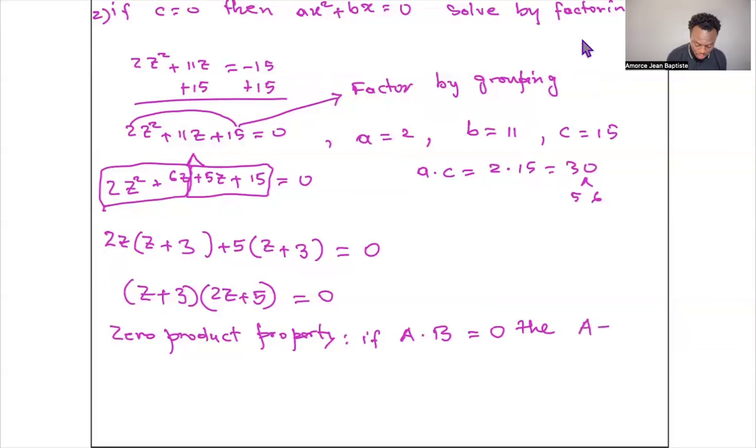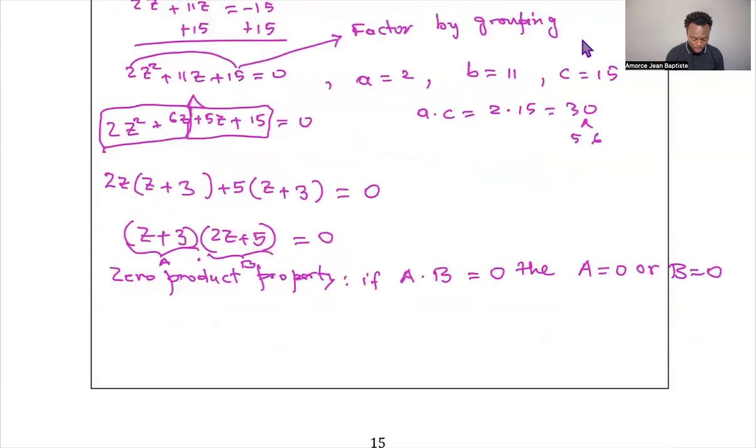So A is 0 or B is 0, or in fact, the "or" is inclusive, which means that both of them can be 0. Now, if this is A times this is B, then we can apply the zero product property.